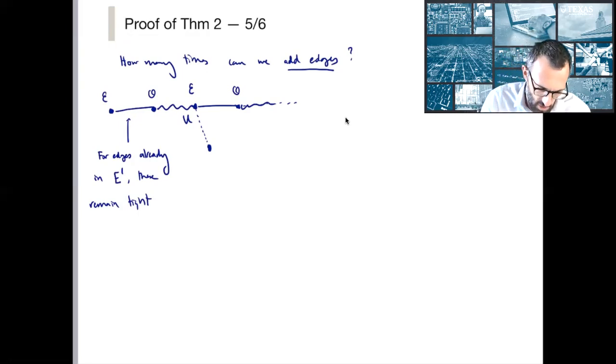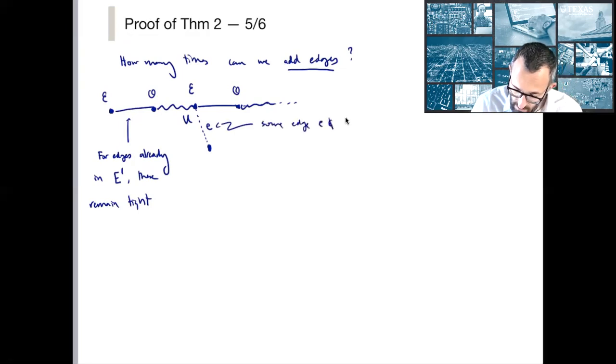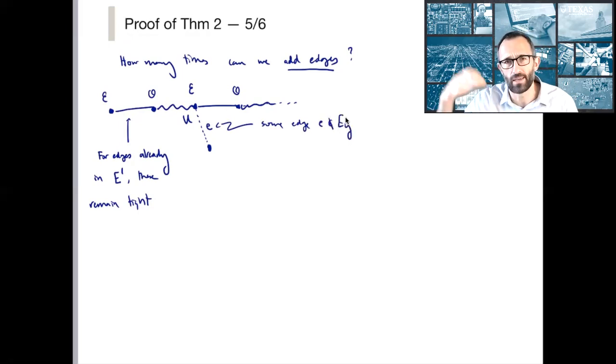So let's take some edge. Let's call it E. This is some edge E that is not tight with the current dual solution. I'm using EY and E dash, the contracted version, interchangeably because when we contract a subset U, we keep edges identified with the edges in EY. Okay, so let's see what this edge could be.